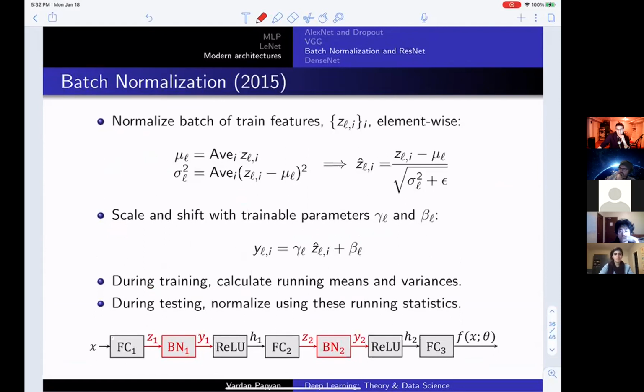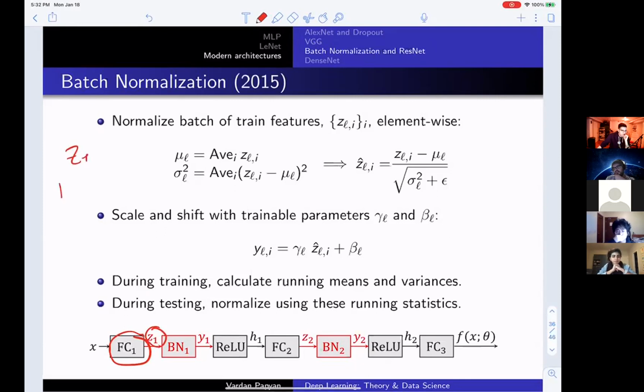Now, after VGG, there was a very big discovery by researchers at Google, who realized that it's beneficial, for whatever reason, to normalize the features in the network. So imagine you take the features after the first fully connected layer, which we denote by Z1. What is the dimension of Z1?